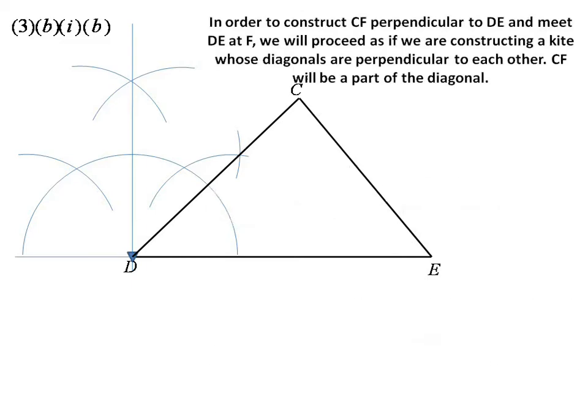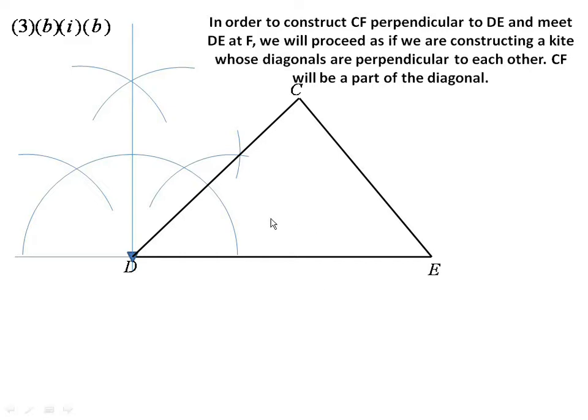In order to construct CF perpendicular to DE and meet DE at F, we will proceed as if we are constructing a kite whose diagonals are perpendicular to each other. CF will be a part of the diagonal. So we are trying to complete a kite by getting this line to be down here and this one down here also.